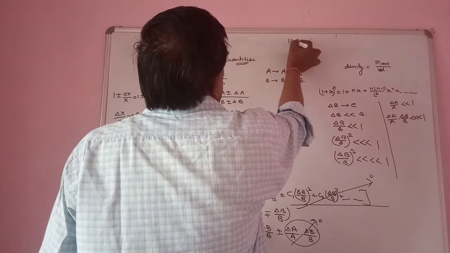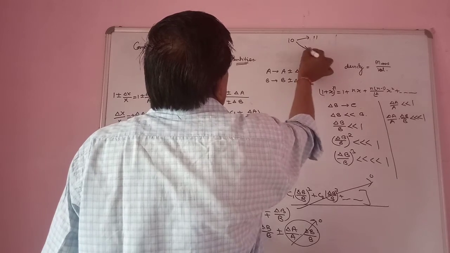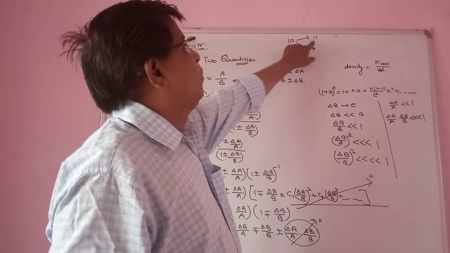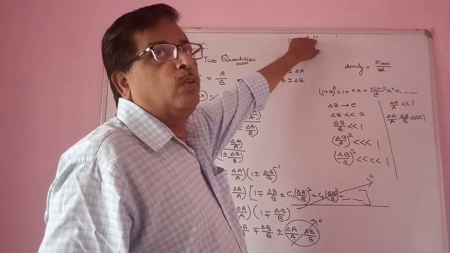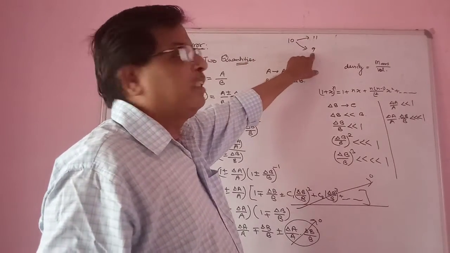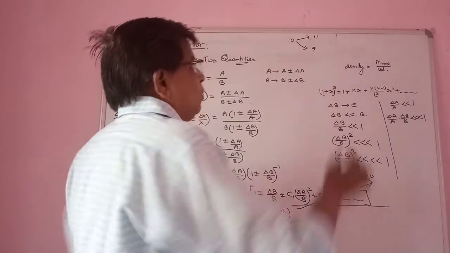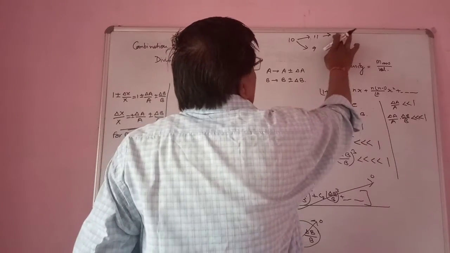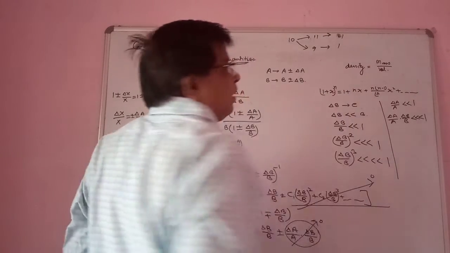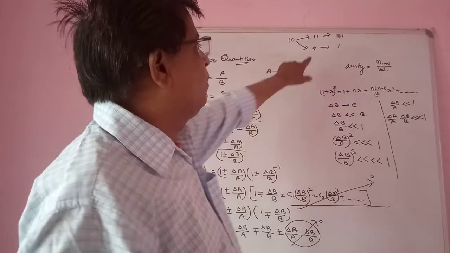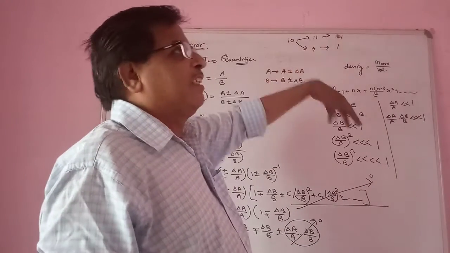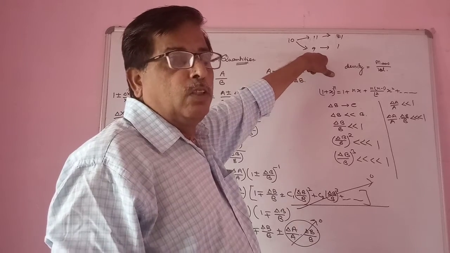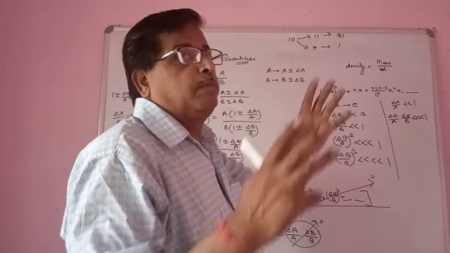There are two persons counting 10. One counts it as 11 and the second counts it as 9. So this one is making one error and the other is also making one error. It is not possible that one is making less error. No, this one made a mistake of one and this one also made a mistake of one. So the error is the same; error is not plus minus.